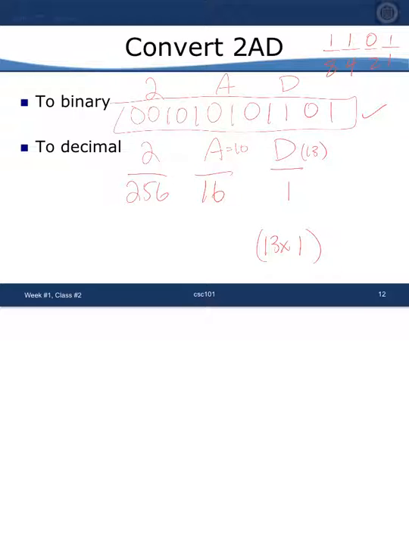represents 13 ones. A, which remember is our number 10, represents the 16s digit. So that's actually 10 16s. And the 2 in the first place represents the 256s place, so that's worth 2 times 256.